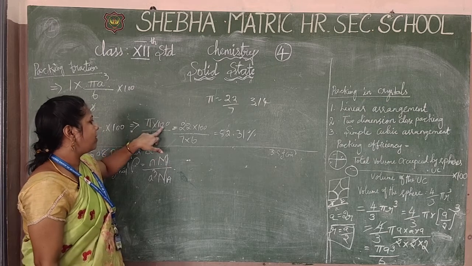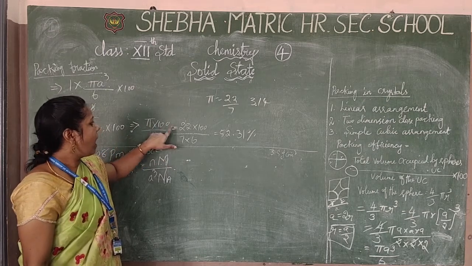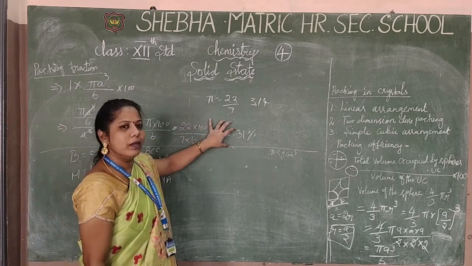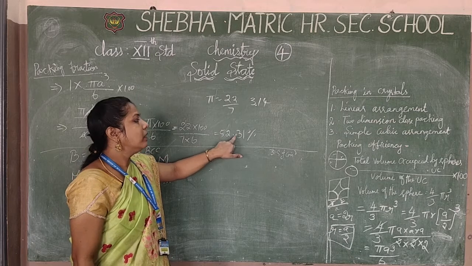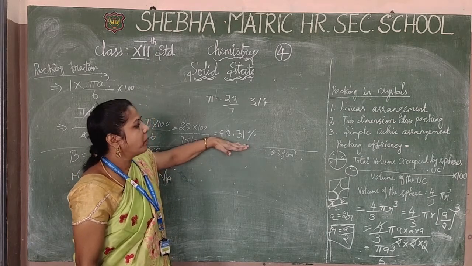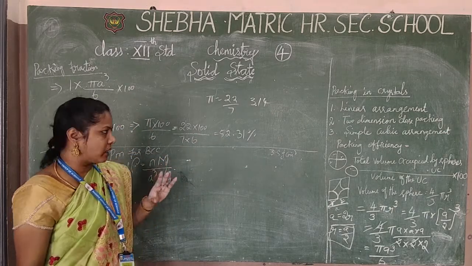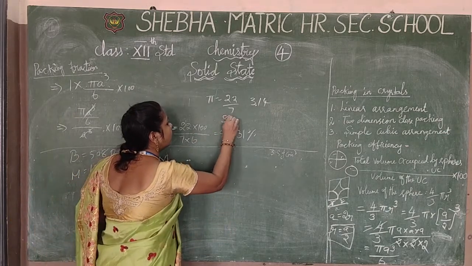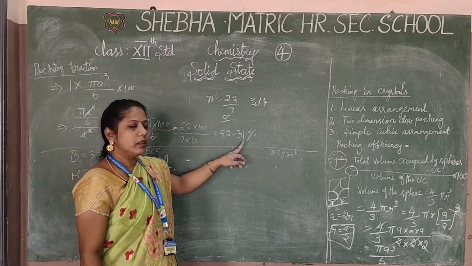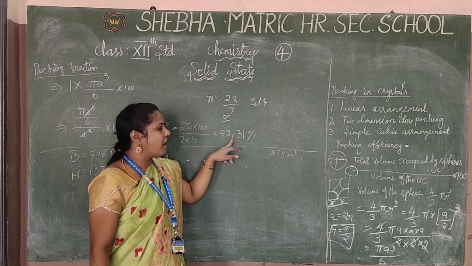So pi 100 by 6, with pi as 22 by 7, 100 and 6. You get the final value, 52.31 percent. This percentage is the packing efficiency for what? Yes, the simple cubic unit cell. So the packing percentage of the simple cubic unit cell is 52.31. Sorry, it is totally wrong: the 31 is not right after the decimal.